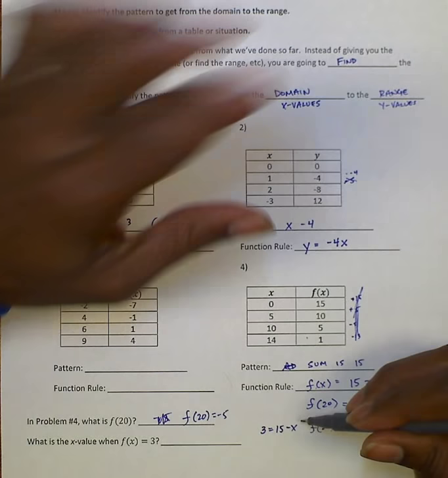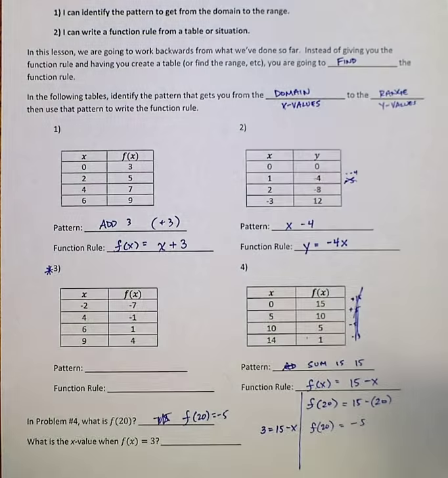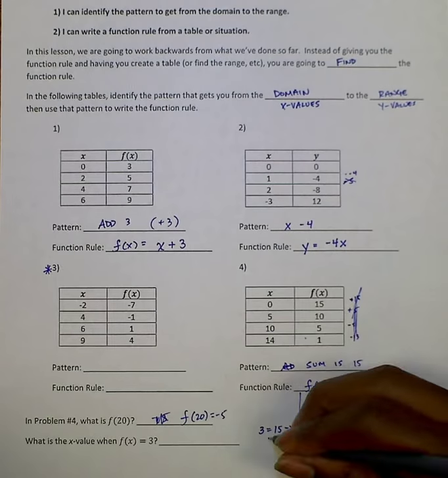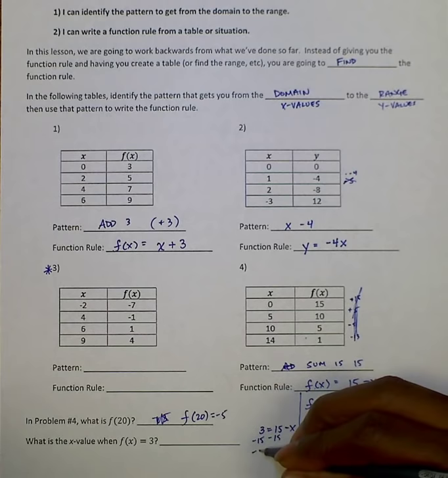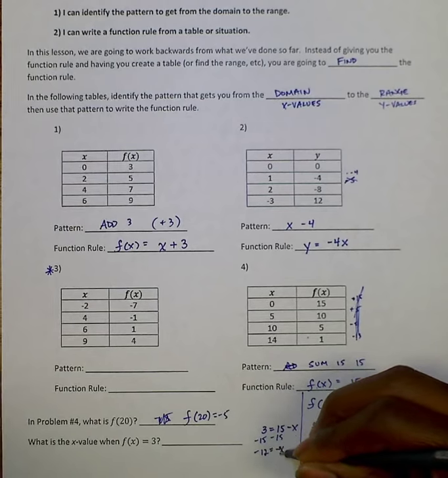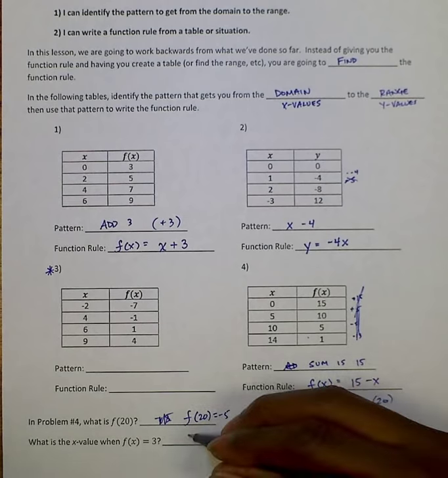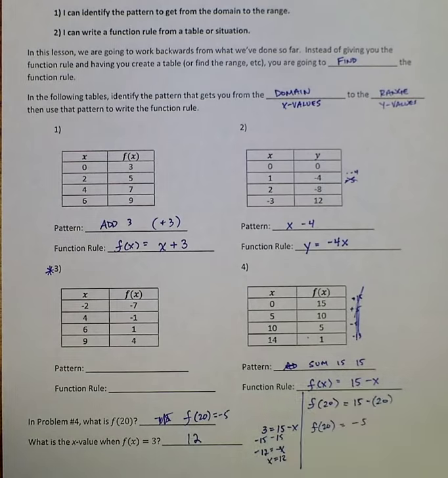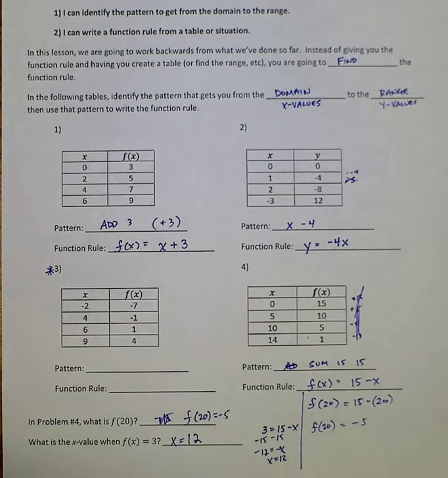So notice here now that they told us, hey, f of x is 3, we're substituting that in, and now we can just solve for x. So we can subtract 15 from both sides. That will give us negative 12 equals negative x. And so that means x would equal 12. Alright, so kind of setting up an algebra problem for ourselves there.